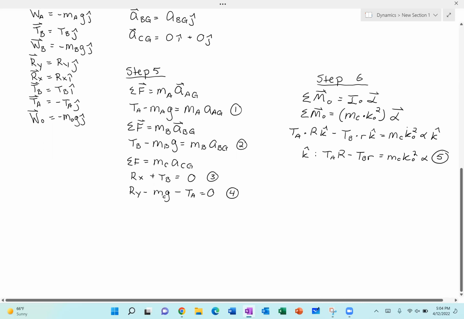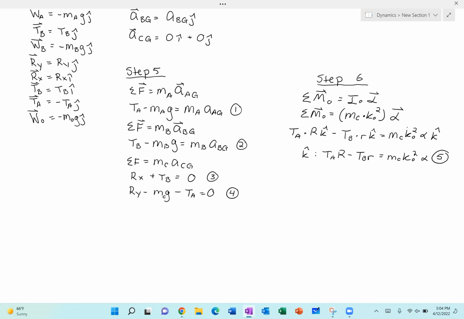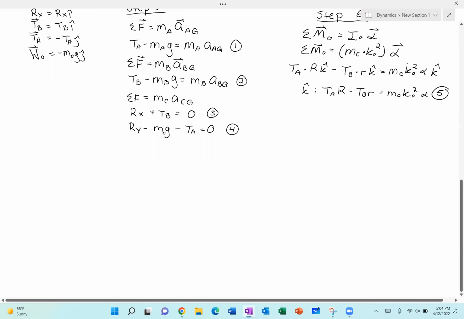And for our final step here, since we need a few more scalar equations, we will use some kinematic equations, and we'll do the acceleration about A and compare that to the acceleration of O, which we know to be 0.